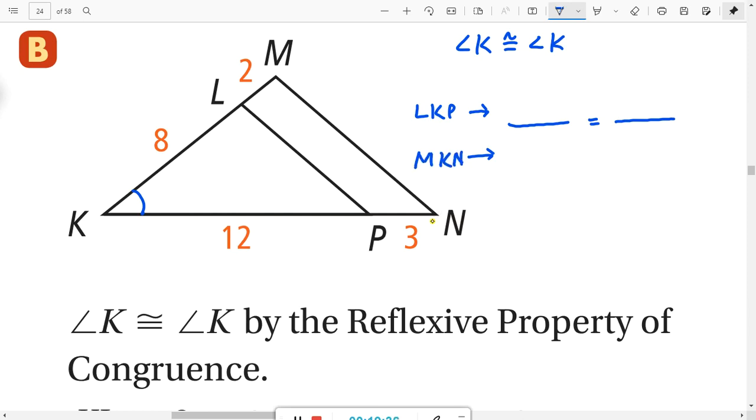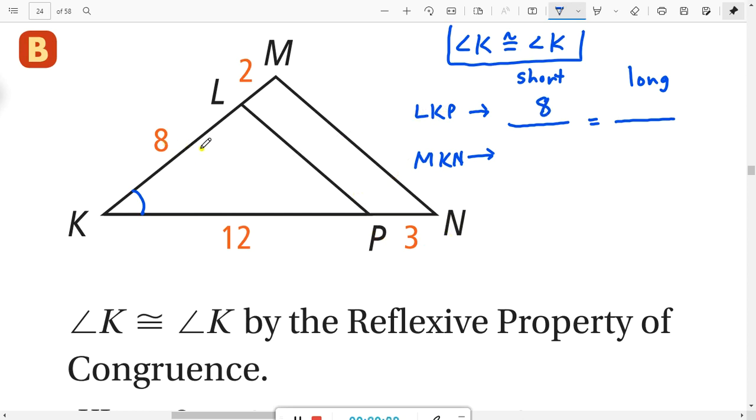Now let's compare the sides. The first fraction is going to be the short side, and the second fraction is going to be the long side. So for LKP, the shorter side is 8.